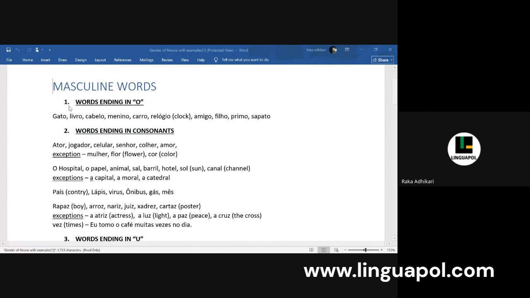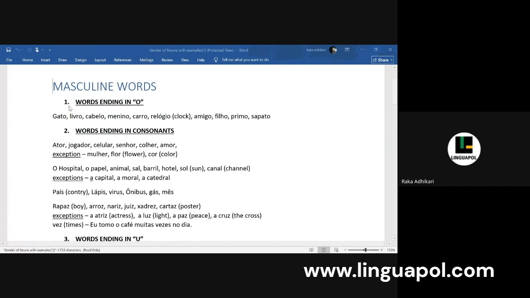You just have to keep in mind that there can be exceptions. Now, if I take the word mão, mão means hand. It's a feminine word. So there are some words like this which end in o, but in spite of ending in o, they are feminine words.